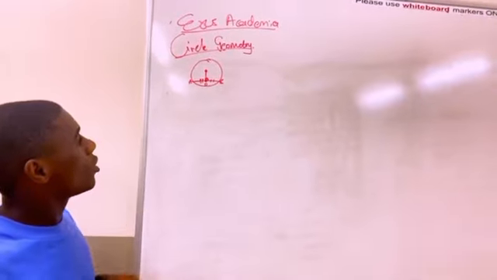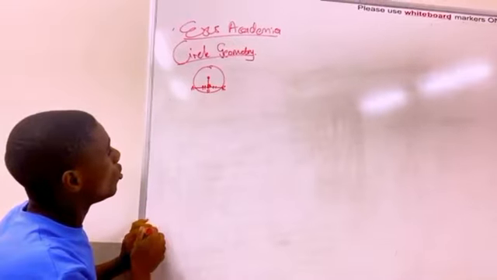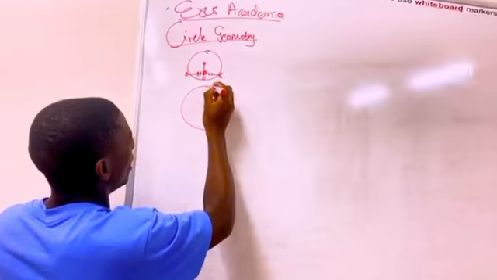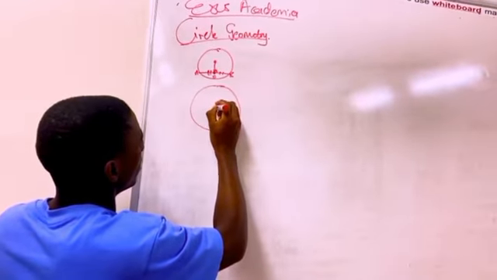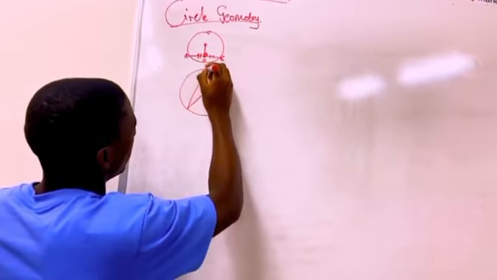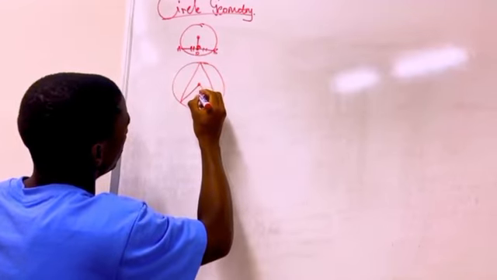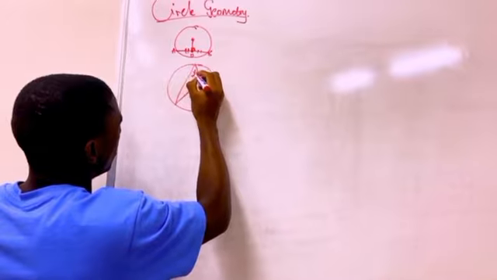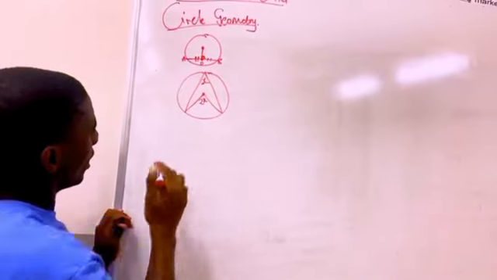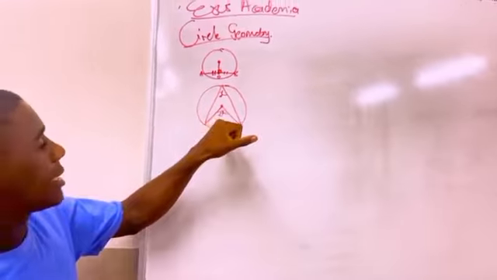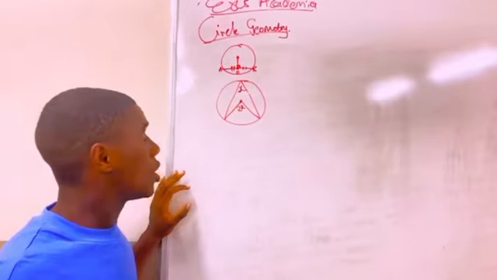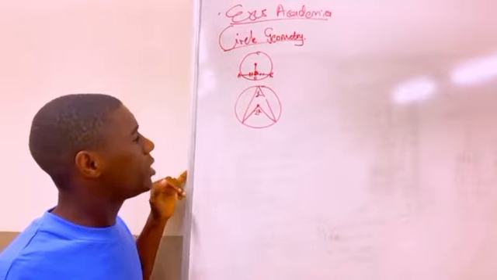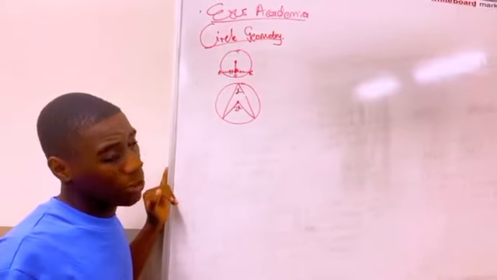So I'll move on to the second theorem, which says the angle at the center is 2 times the angle at the circumference. The angle at the center can be expressed in different ways.